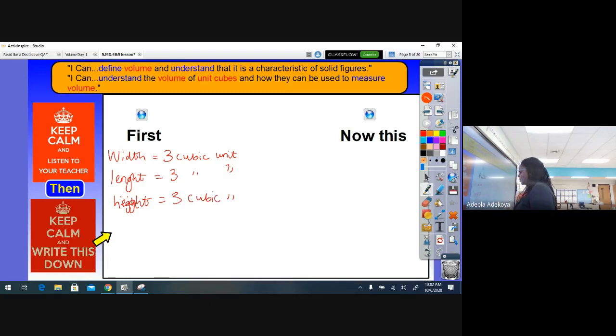So for me to figure out the volume, I need to multiply my length by my width by my height. That would be 3 times 3 times 3. I'm going to start off with my first 3 times 3. 3 times 3 is 9. Times 3 will give me 27. So the volume of that container is 27 cubic units.